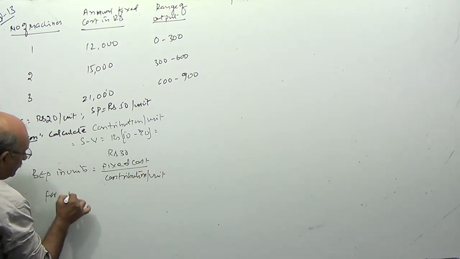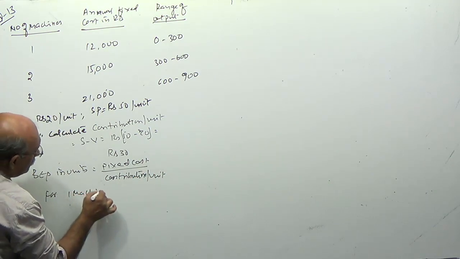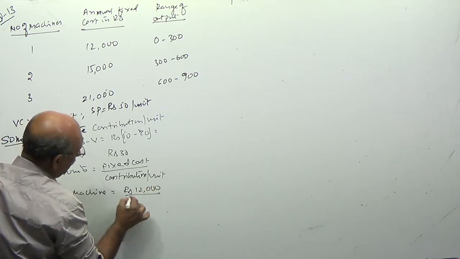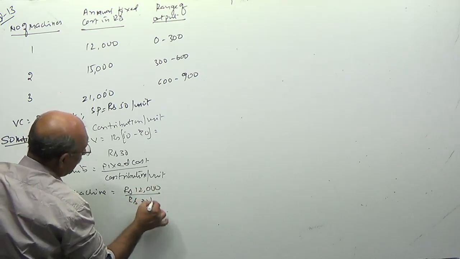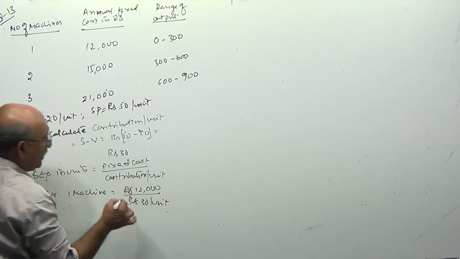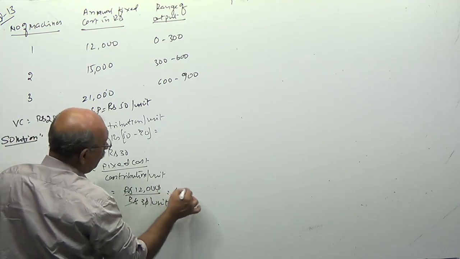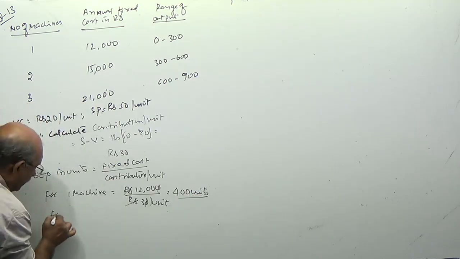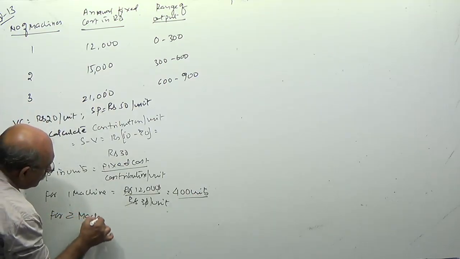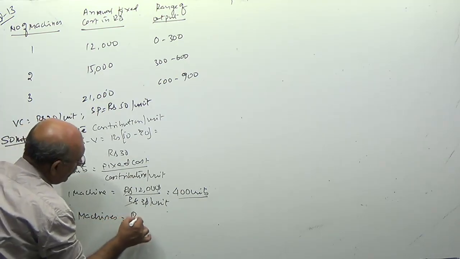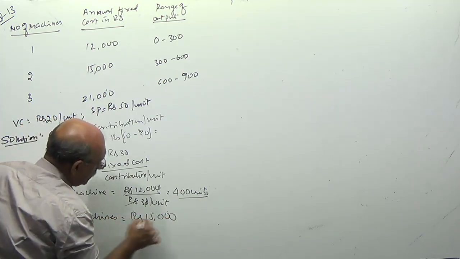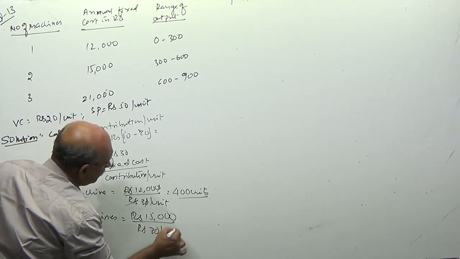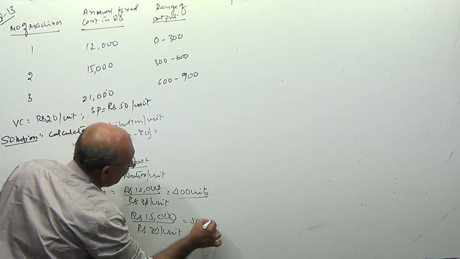For one machine, this is rupees 12,000 divided by rupees 30 per unit. Rupees cancel, 0 cancel, 400 units. For 2 machines, this is rupees 15,000 divided by rupees 30 per unit, which is equal to 500 units.